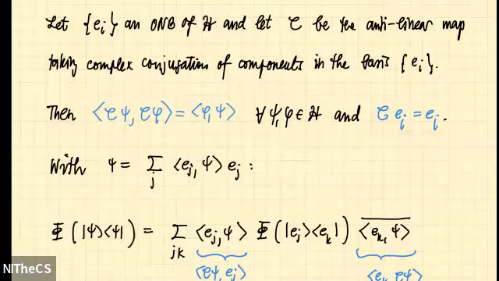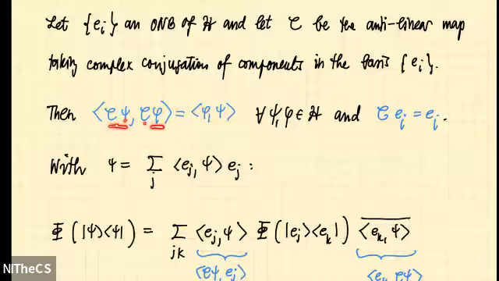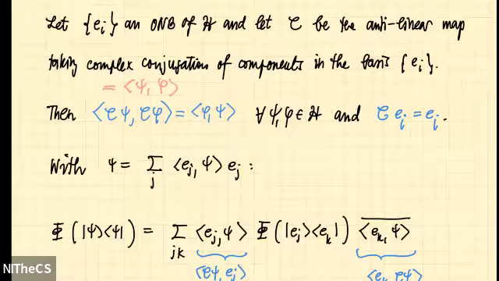And it's very easy to see that the inner product of C applied to psi with C applied to phi is actually the inner product of phi with psi. It's very simple to see; you can just use this example. This is equal to the complex conjugate of the inner product of psi with phi, which is also equal to the inner product of phi with psi. Okay, just basic properties.